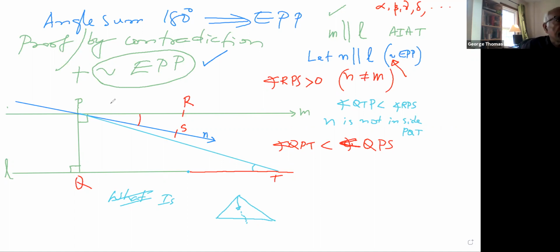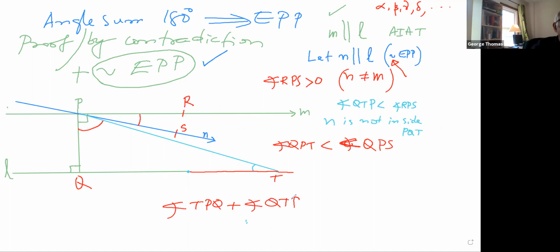Well, if QPT is less than that, let's see now. We are almost done now. Then I will go over the proof once more. This is a very nice proof. So now what I'm saying, this angle plus this angle, angle TPQ plus angle QTP.